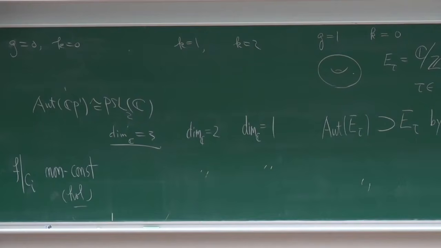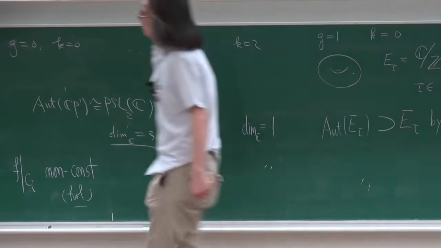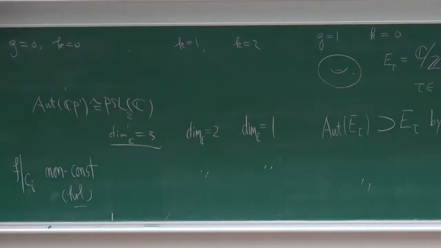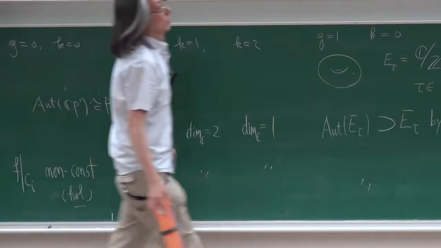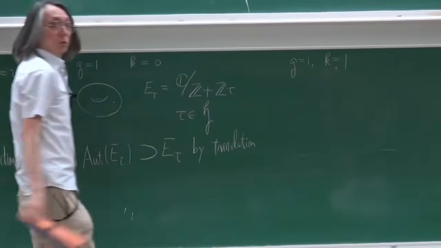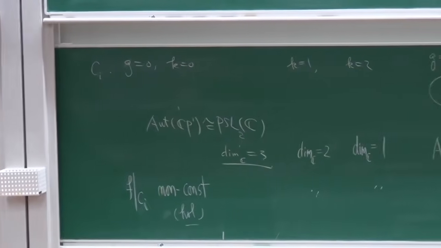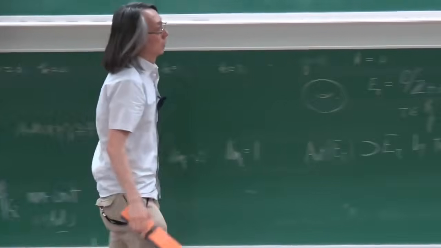So in this case, we don't have a map, so the map is constant, but if we have a map, then we consider the moduli space of stable maps, which is non-constant on the component. So this is a definition.